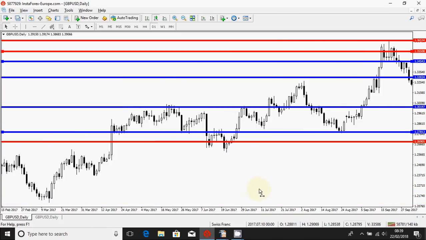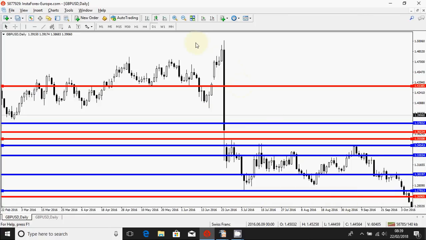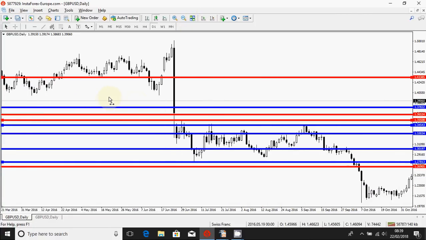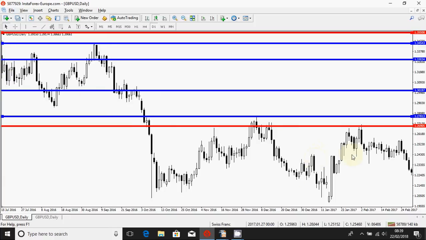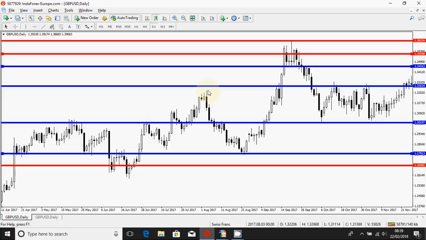Let's go back a little bit and draw one more. Okay, this is another area here. So these are support lines and resistance lines.